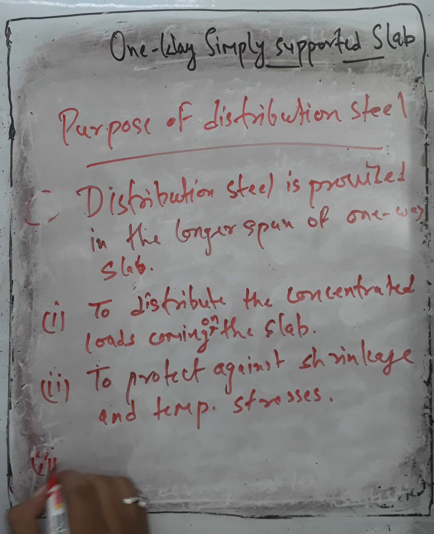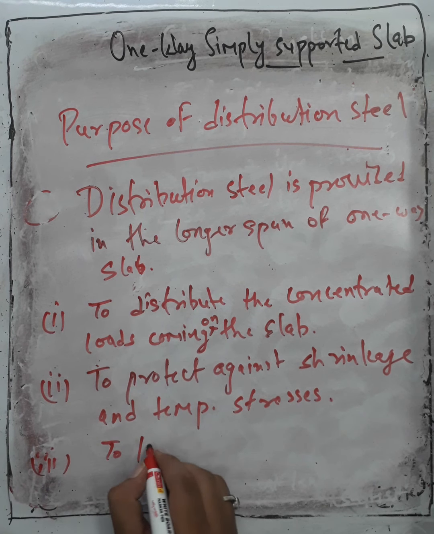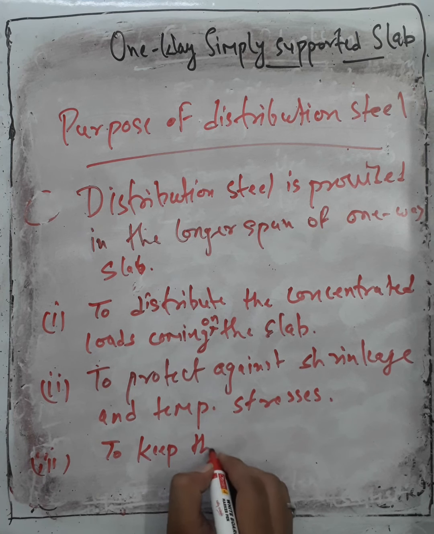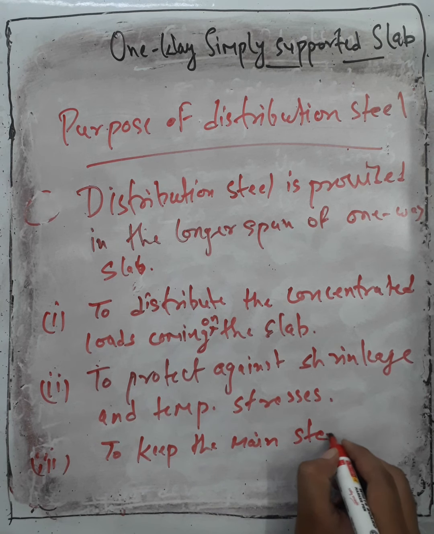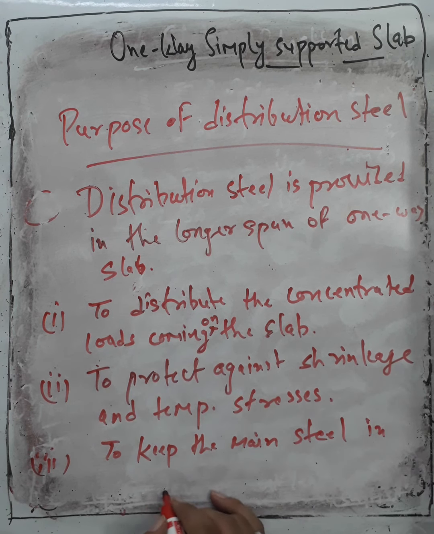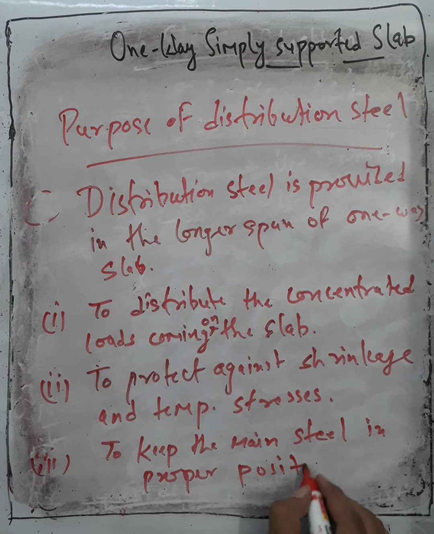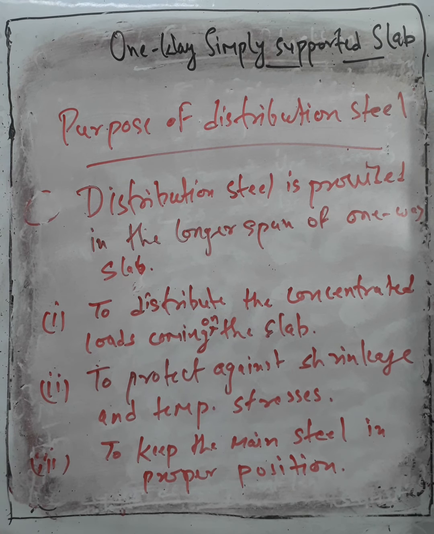And the last one is to keep the main steel in proper position. Okay, so these are the design considerations and purpose of distribution steel in a one-way simply supported slab.